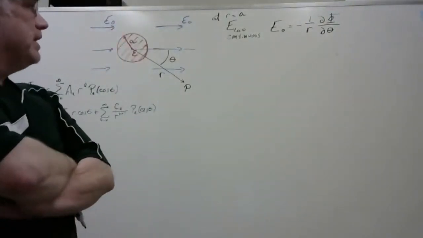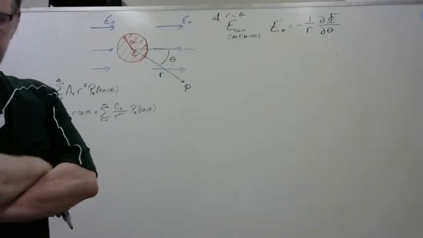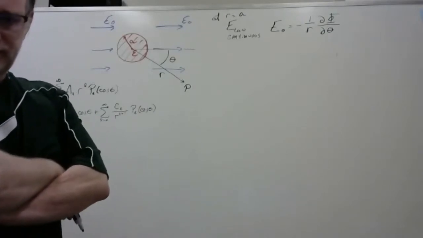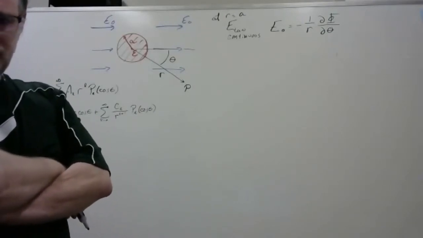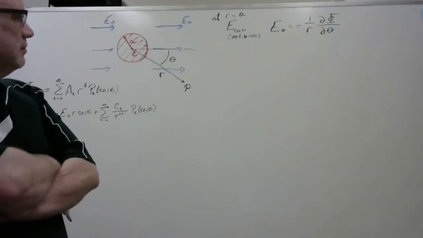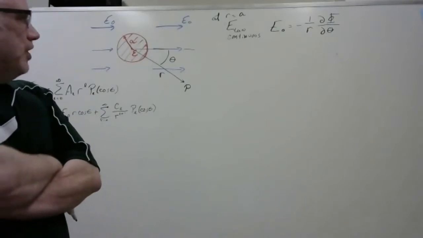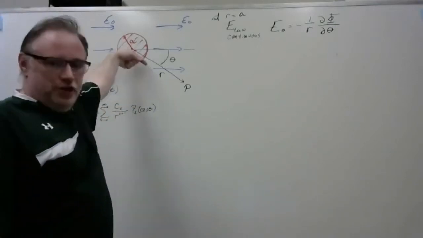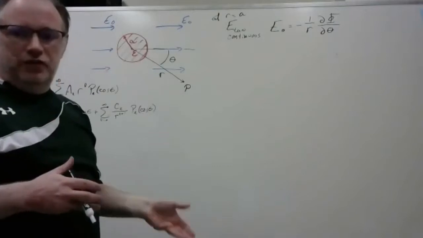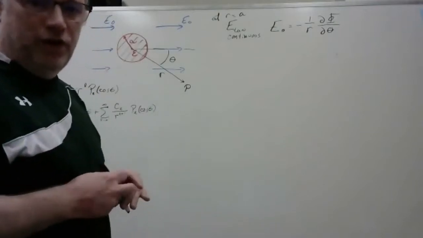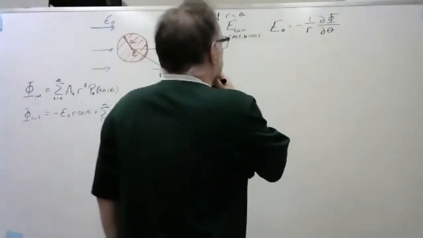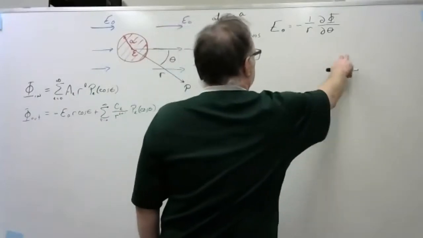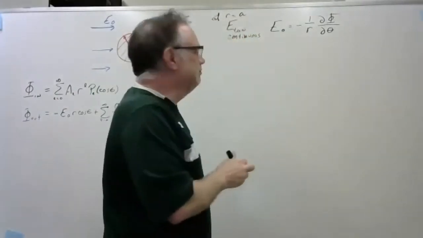You could kind of suspect that the partial of phi with respect to theta would be in there. The 1 over R comes from the fact that theta is a unitless thing, and so the farther you go out, you're running a 1 over distance, so therefore it's 1 over R. Then what we write here is we match the inside and the outside.